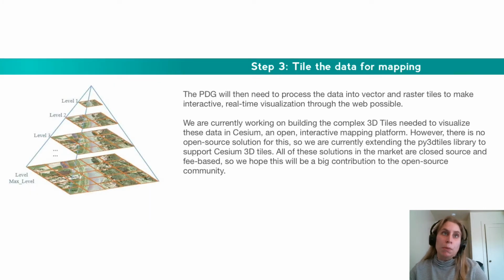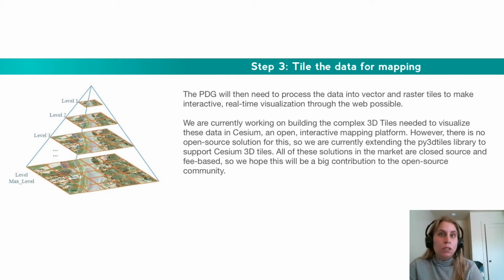So in order to make these polygons easily viewable in a map in your web browser, we need to process them into tiles. What we're doing is creating complex 3D tiles in a mapping platform called Cesium. It's an open interactive mapping platform that you use in your browser.